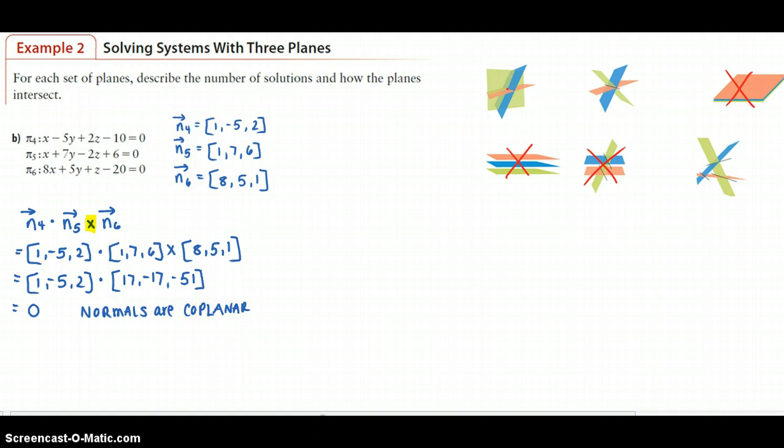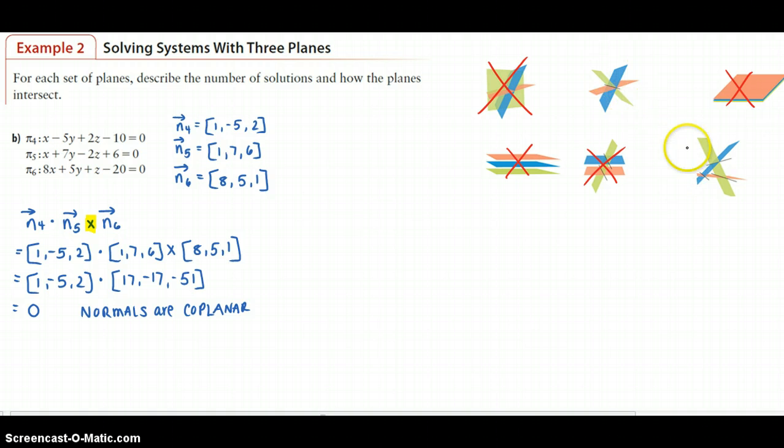So I can eliminate one more potential case. So my planes either intersect in a line and have an infinite number of solutions, as in this case, or they intersect in pairs and there's no solutions, as in this case.